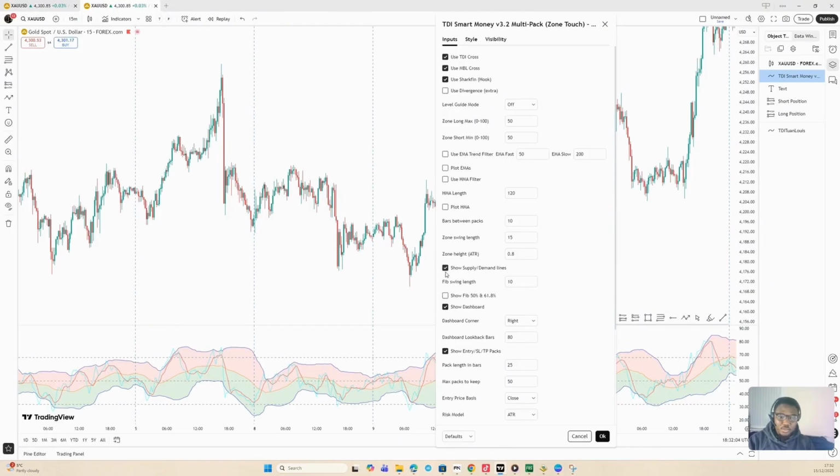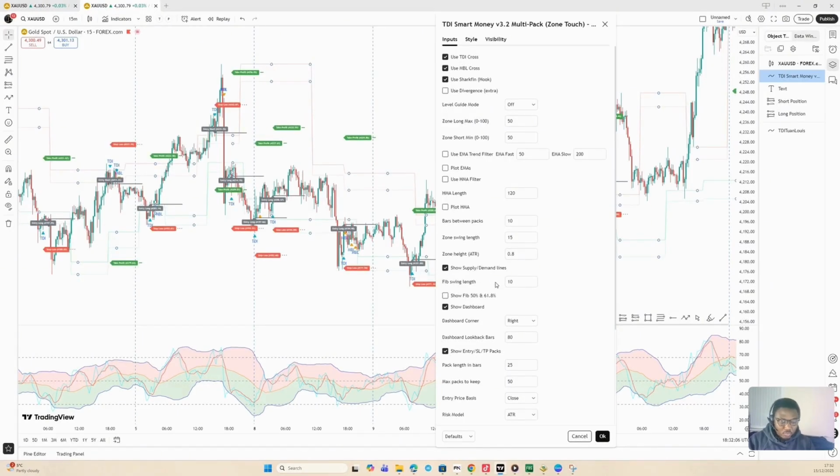So it depends. Oftentimes I use supply and demand, and when I'm trading on the EA, just like I showed you in the example, when I turn on Fibonacci and supply and demand, I got more trades and made more profit, but subjected the trades to greater loss. So it depends on how you want to balance all of that.